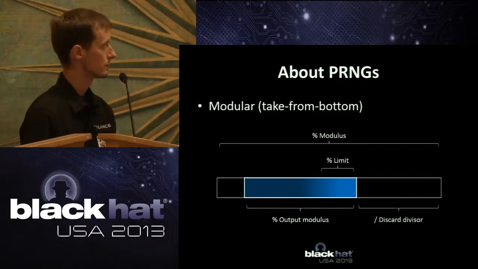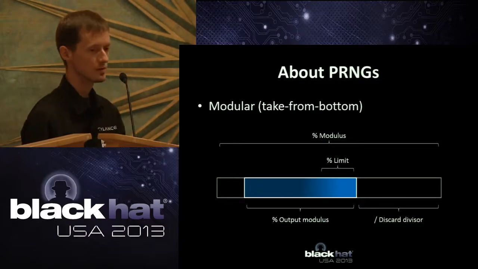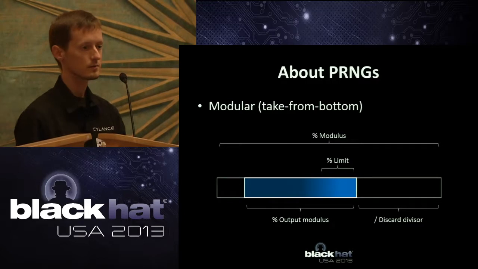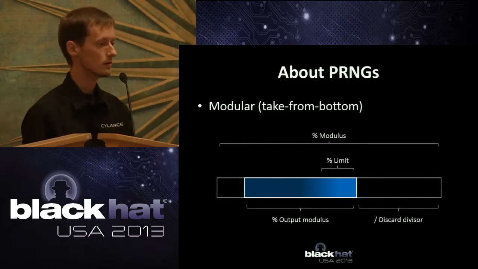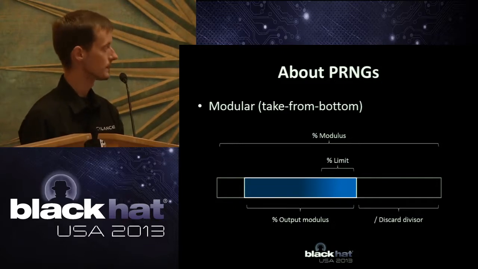So say, for this modulus, the numbers might range from 0 to modulus minus 1. This modulus also may be implicit, like 2 to the 32nd, if there's, say, an internal 32-bit state variable. Just due to truncation, it's confined to 2 to the 32nd.